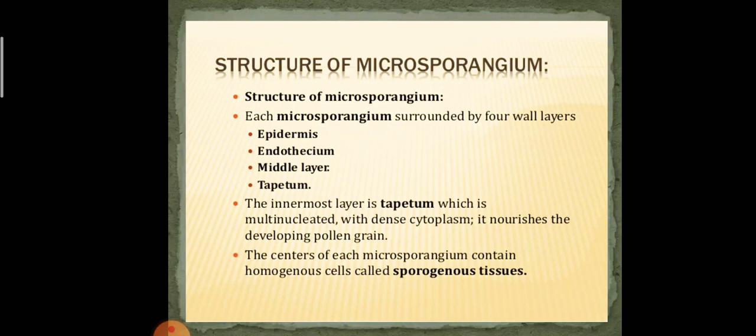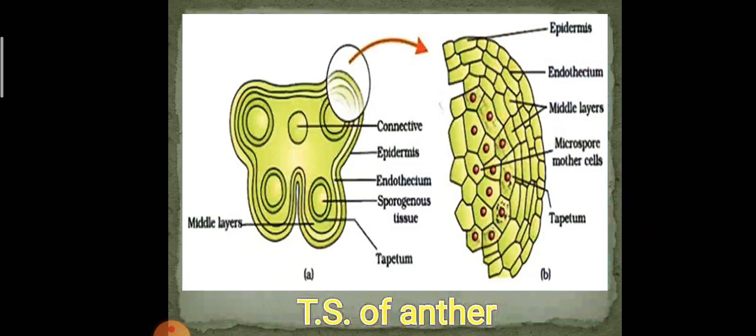Before we discuss the structure of the microsporangium, we have to take a transverse section of the anther. When we do, we observe an anther wall which has different layers, as shown in the diagrammatic representation. The outermost layer is known as the epidermis.